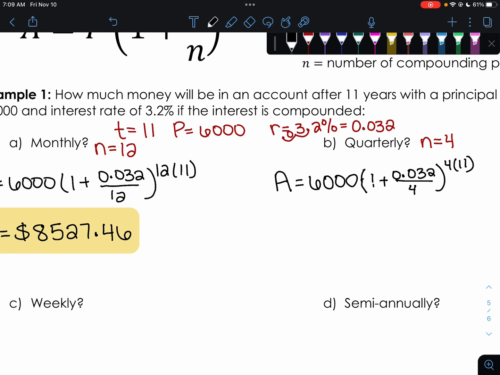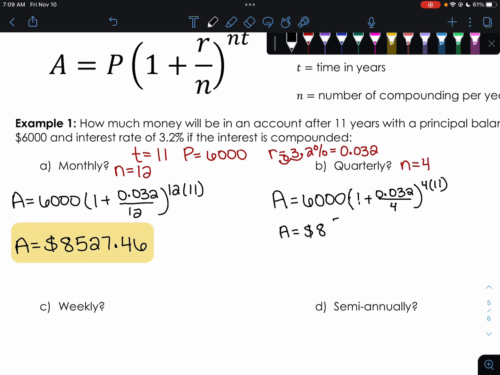So we type that back into our calculator to see what we get. And when we change our N to 4, it is $8,519.51.